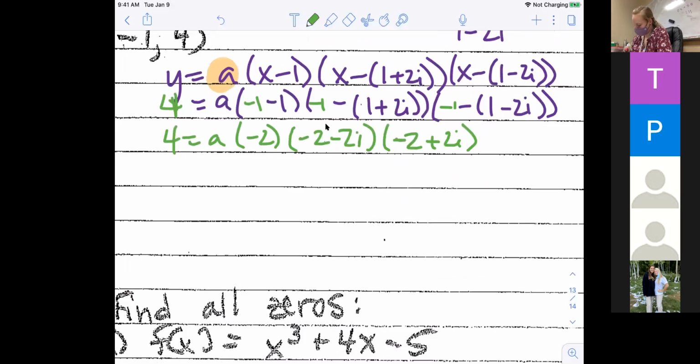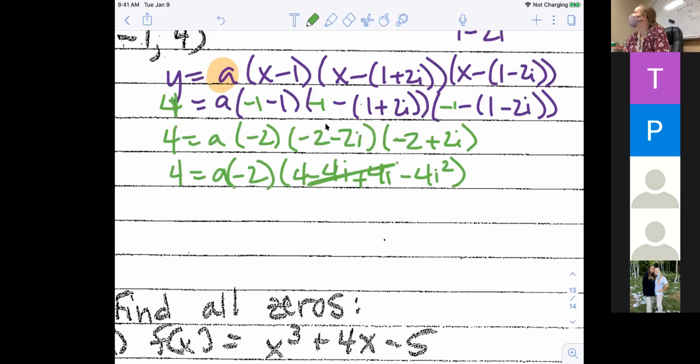And then I'm going to distribute that negative 2i, and negative 2 plus 2i. Distribute those two together. 4 minus 4i plus 4i minus 4i squared. The i's cancel.